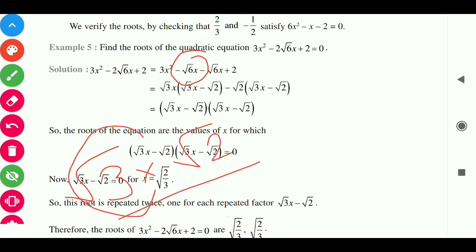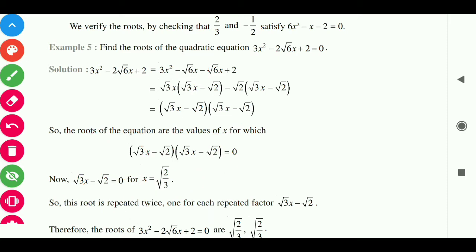So if we take root 3 common out, then we will have root 2 in place of root 6. So root 3x into bracket root 3x minus root 2.